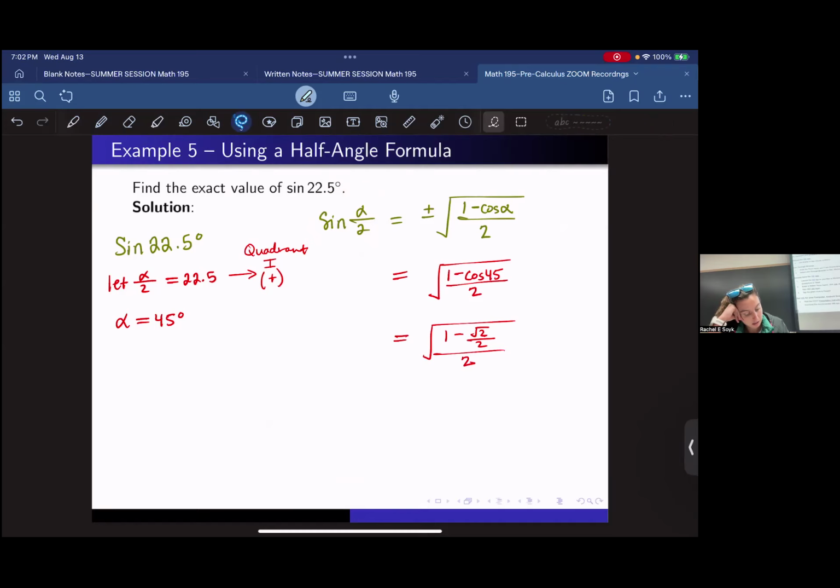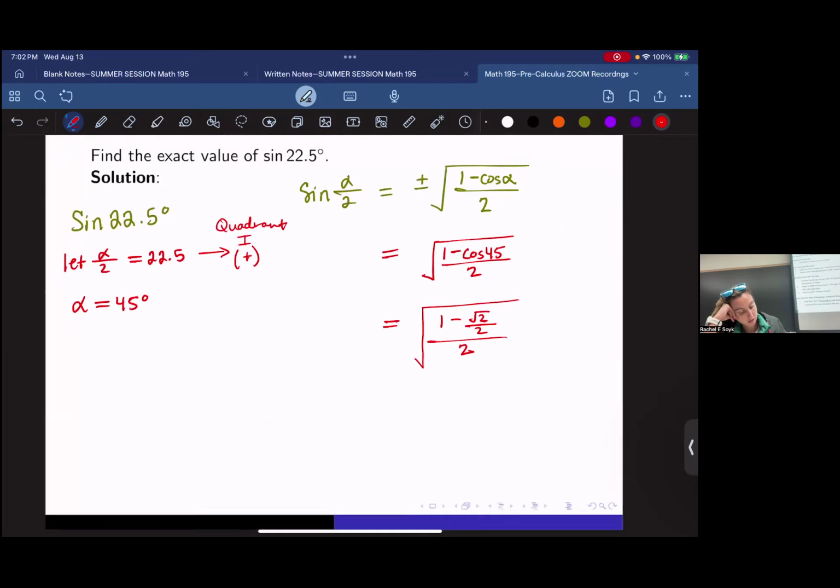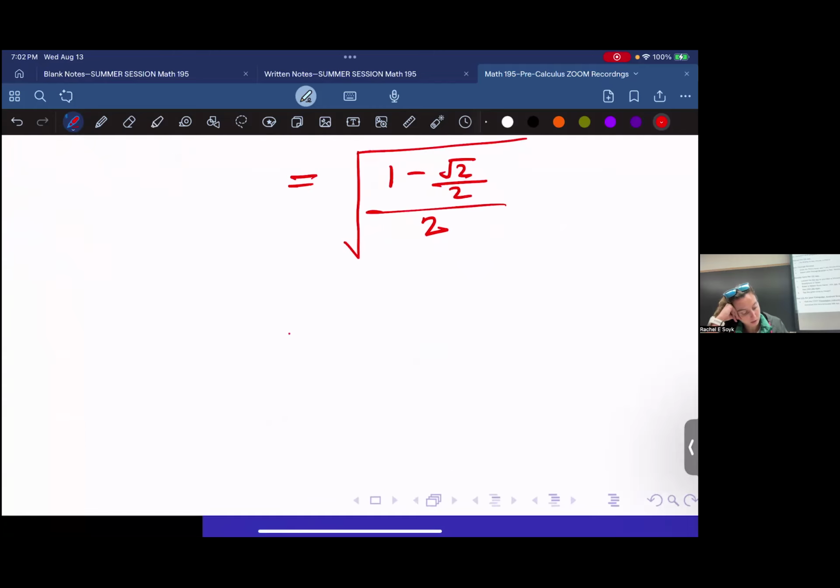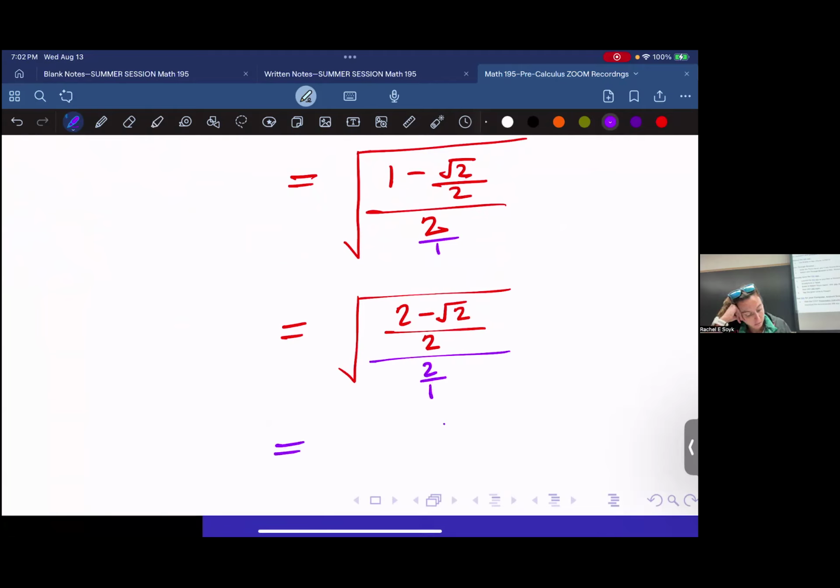Let us simplify this fraction. 1 as a fraction with a denominator of 2 is 2 over 2. So this is the same as 2 minus square root of 2 all over 2 divided by 2 as a fraction is just 2 over 1. So when we keep change flip, we have the square root of 2 minus square root of 2 all over 4.